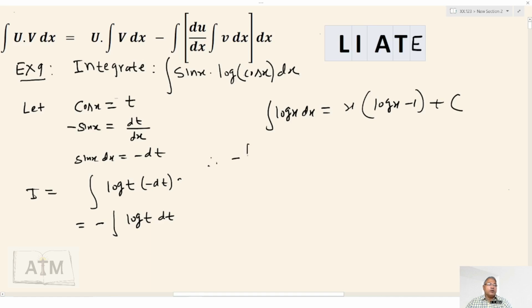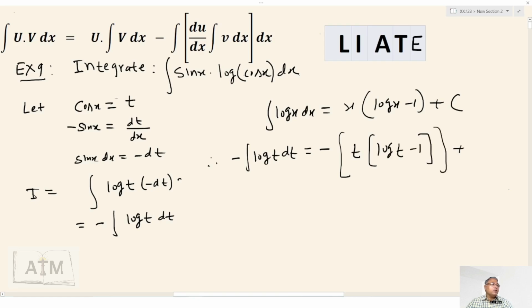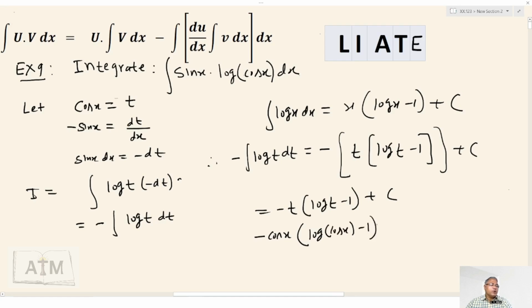Therefore minus integration of log t with respect to t equals minus, here is the t in the bracket, (log t minus 1) plus c. So this becomes minus t (log t minus 1) plus c. What is t? t is nothing but cos x. So minus cos x (log of cos x minus 1) plus c. This is the required solution.